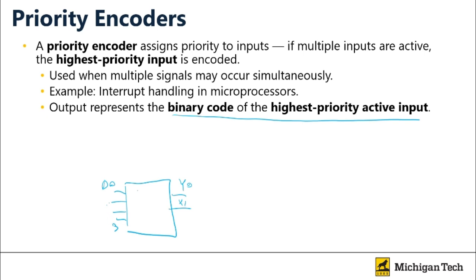This encoder, for example, accidentally these two get on at the same time. But which number are we going to choose as an output? The highest priority one. The highest priority one is always the most significant bit. So in this encoder, because it is priority based, the highest one is number 1.